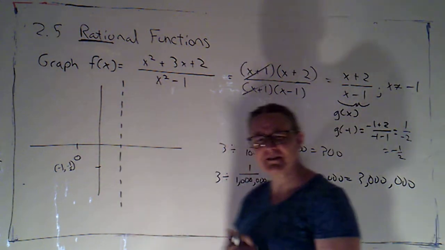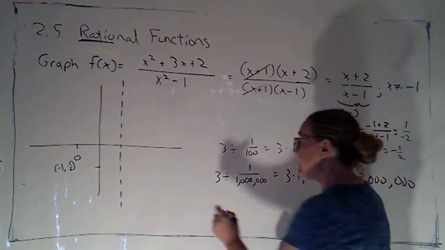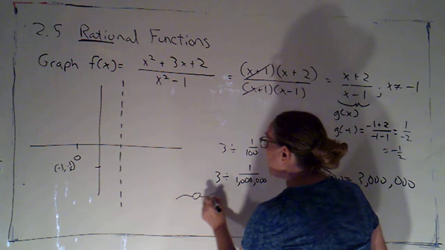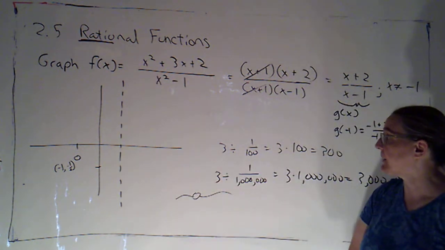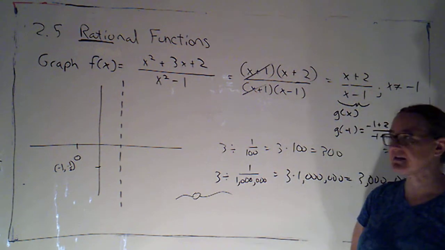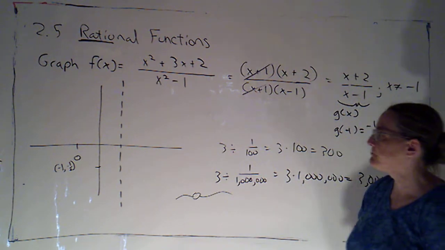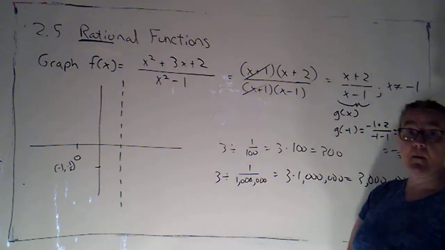So you'll never see in a graph a hole just hanging out like it is right there. Eventually, a hole will always have a path leading to it, and in this case also away from it, saying, hey, I expect there to be a point there based on the nearby behavior. Okay, so those are the two values that are not in my domain.